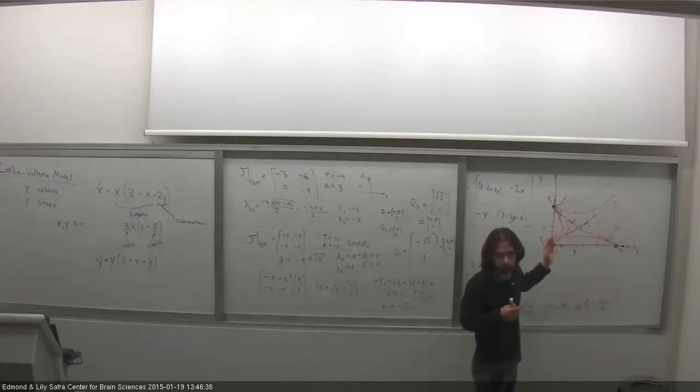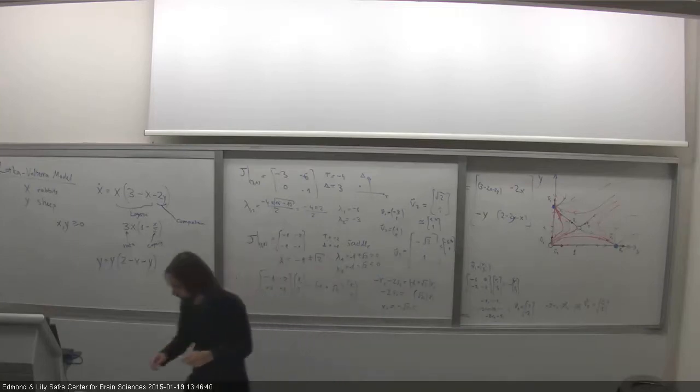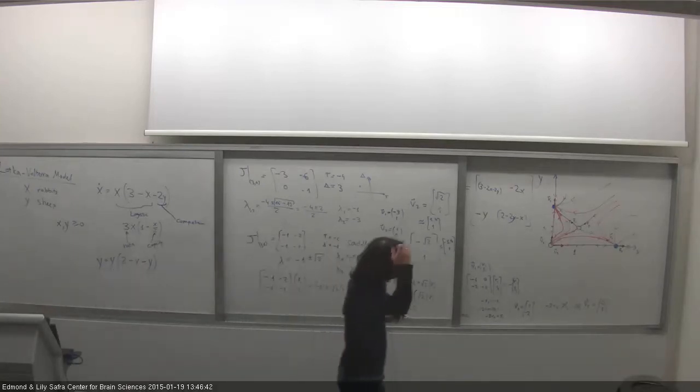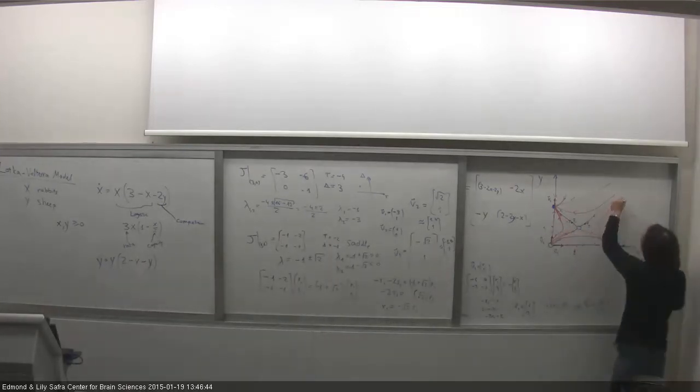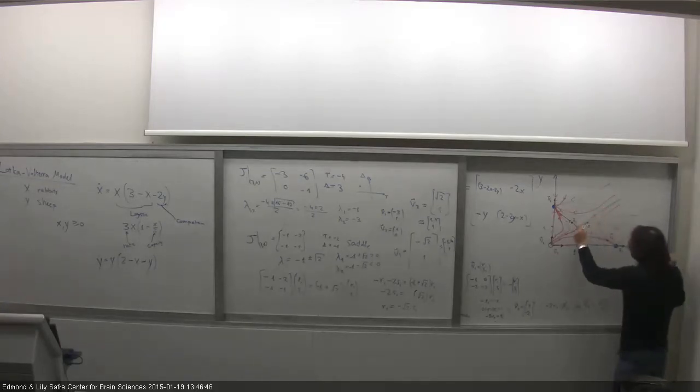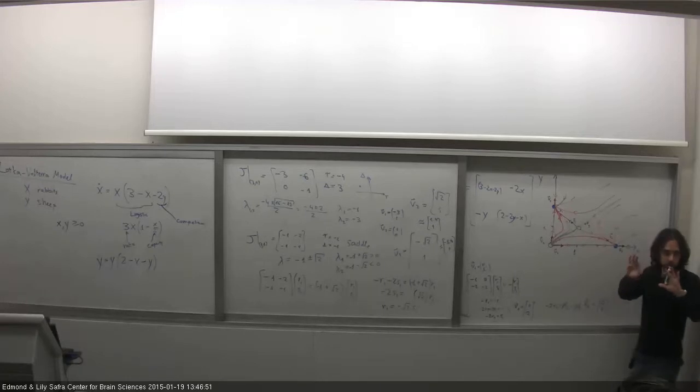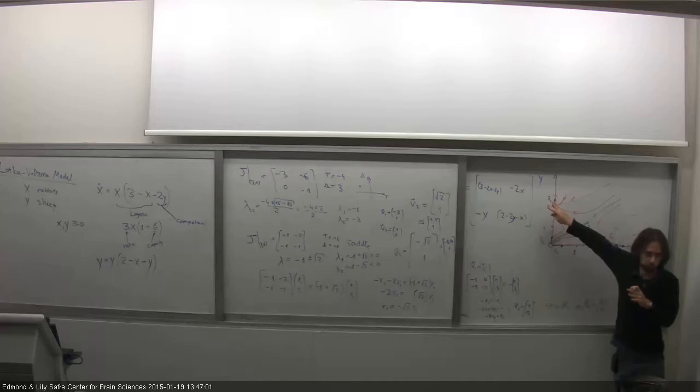Basically, the initial condition. So let me mark this with green. There is some curve on the plane. It's actually the stable manifold of the saddle that separates. This is the boundary between the initial conditions that lead to the victory of the rabbit and the initial conditions that lead to the victory of the sheep.